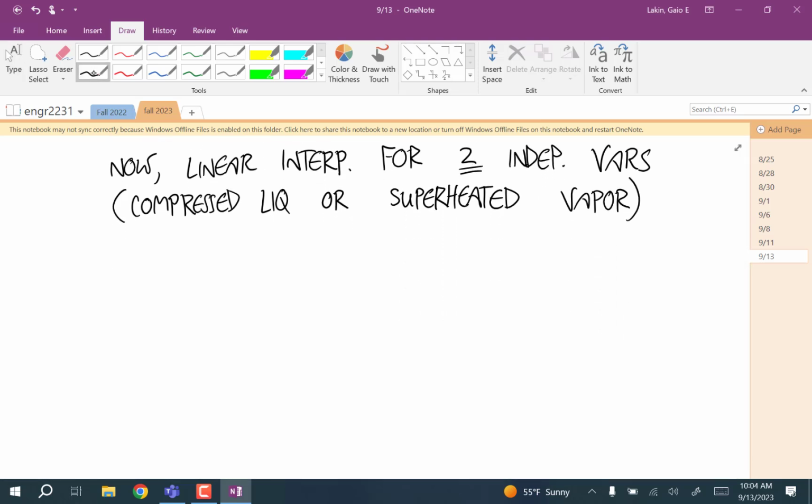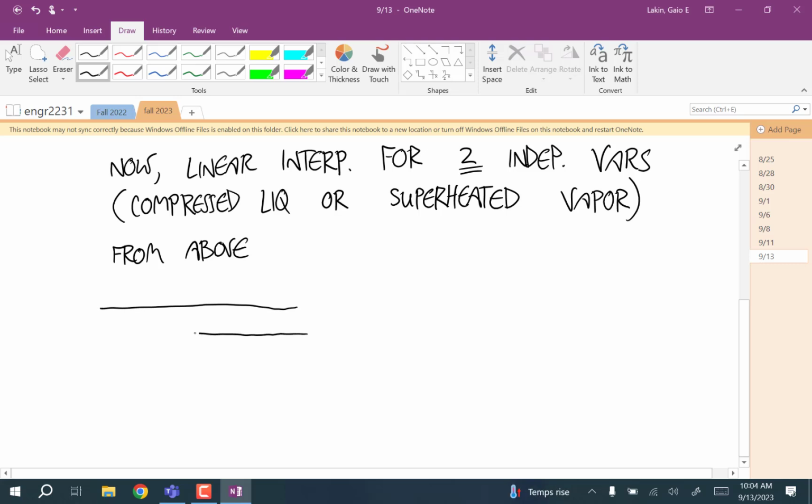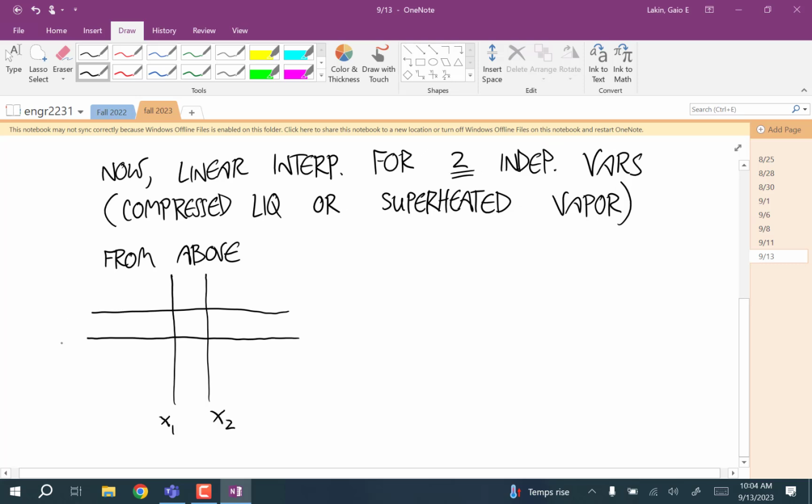Okay, so what does this look like? Mathematically, if you're looking from above, you have an x1, an x2, a y1, a y2, and the point you're trying to calculate is like that at x, y.